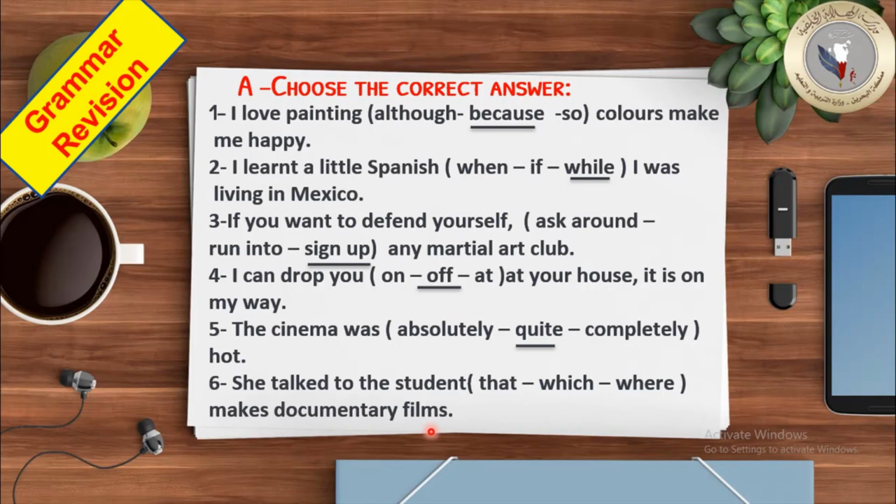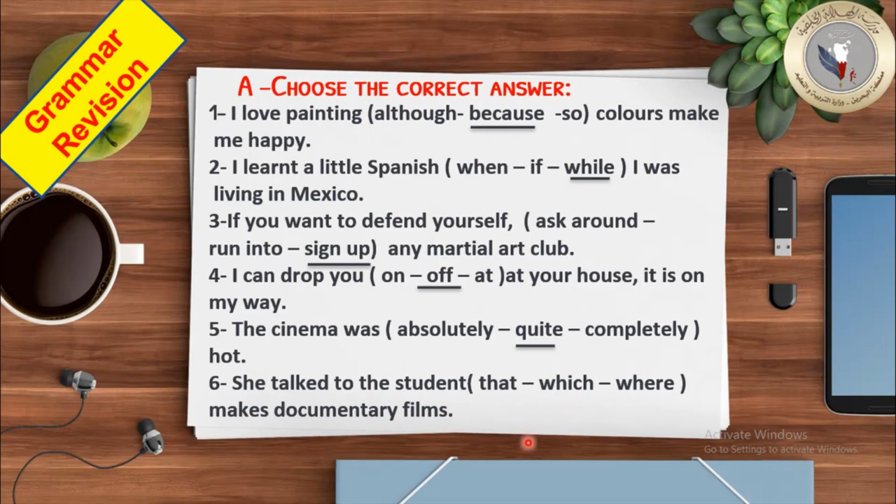Number 6, she talked to the student that, which, where makes documentary films. What would you choose? Yes. Of course, we will neglect where and which, because with student here, I can't use which.